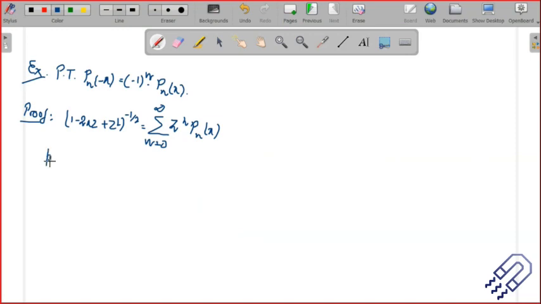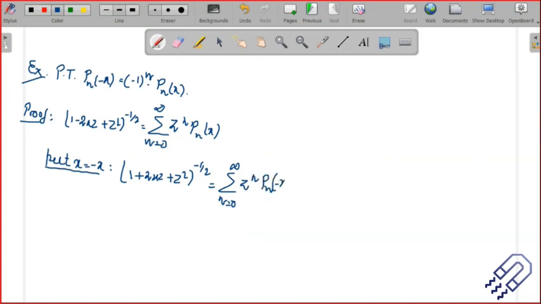Okay, and then we will put x = -x, so that way on this side we get (1 + 2xz + z²)^(-1/2) is equal to the summation n = 0 to infinity, nothing to do with z, nothing to do with n, the only thing that we need to change is x to -x. So I've done it. So you see P_n(-x). So that means here also I have to equate the coefficient of z^n.